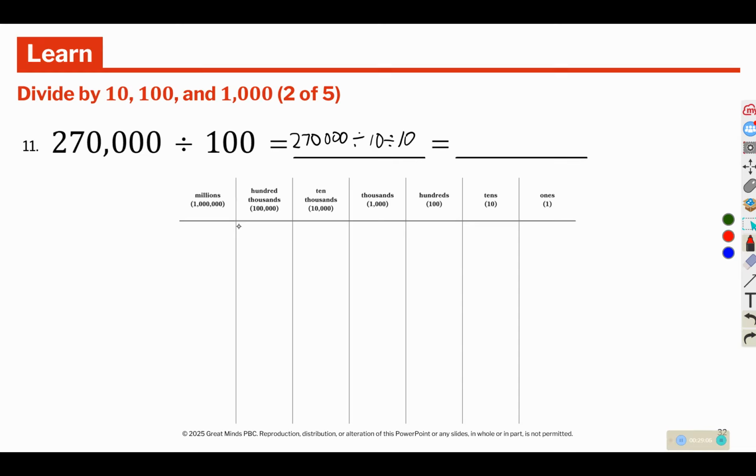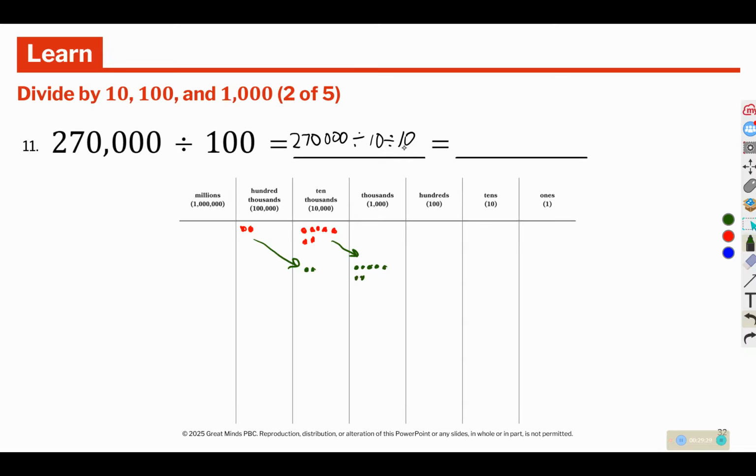So we had 2 here and 7 here. And we divided by 10. So now I have 2 here and 7 here.